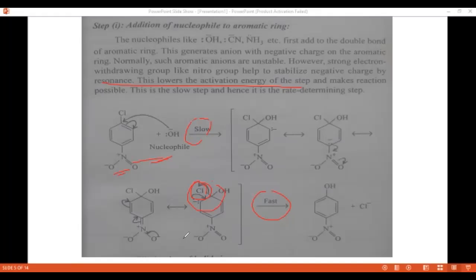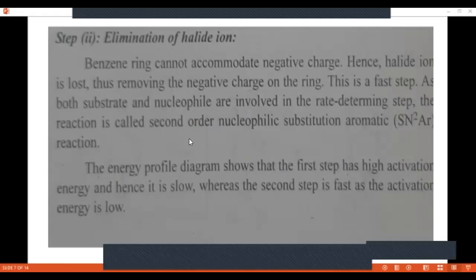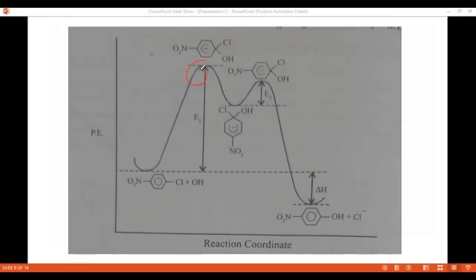Now the energy profile diagram shows that the first step has a high energy of activation. The first step, that means the slow step, the addition of nucleophile to the aromatic ring, has a high energy of activation, and it is a slow step.